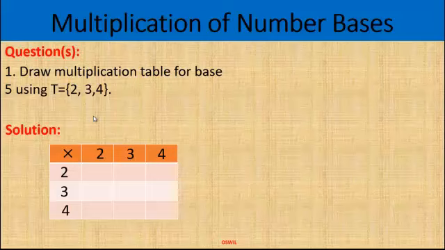Like the addition, this table is for base 5. So put it in mind that none of the answers in the table should be 5 or above 5. Put that one in mind. Meaning that your answers could be from 0 up to 4.